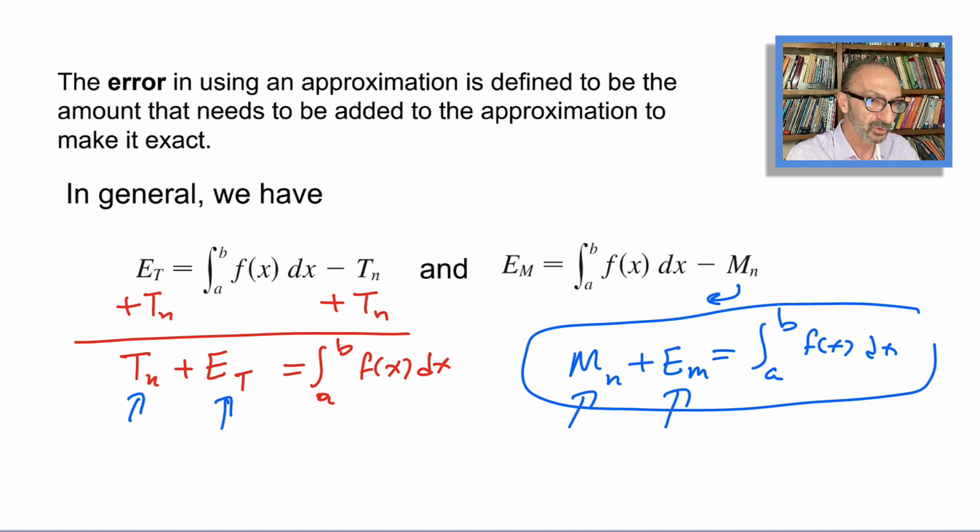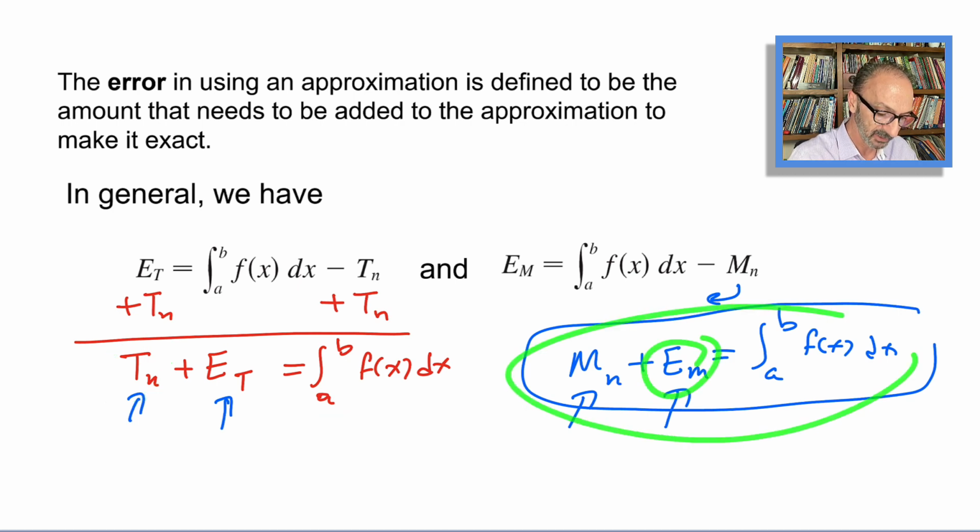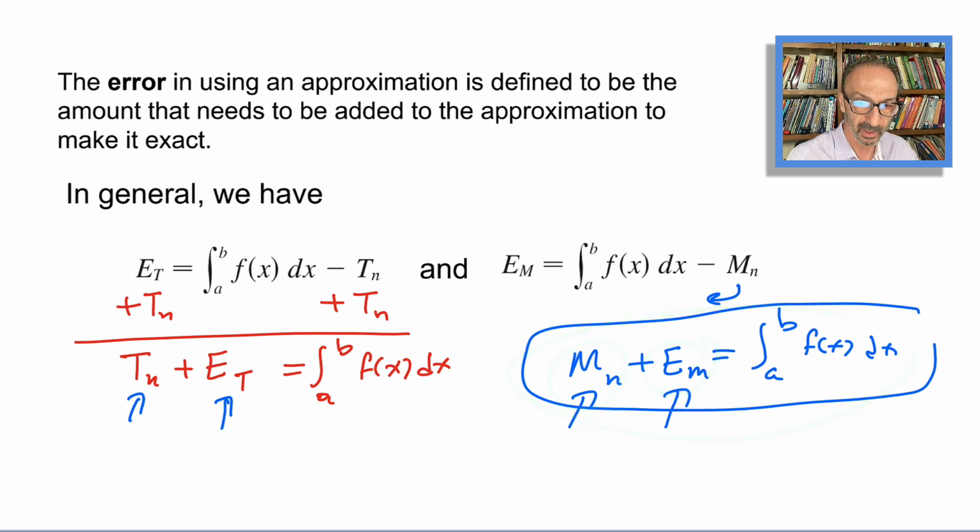But the error could be positive or could be negative, because sometimes we are overestimating and sometimes we are underestimating. By finding that error, we could say, okay, let's go back and add it to our approximation to get the exact. Same thing right here. So by finding the error, add it to the approximation, you get the exact.